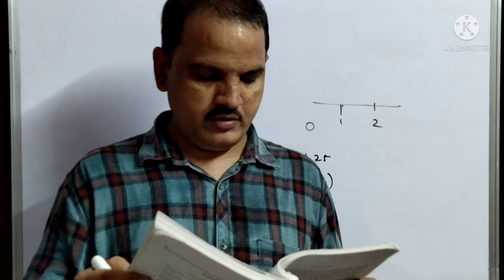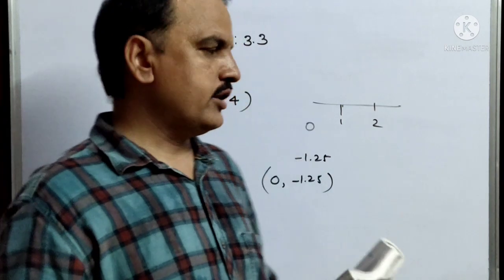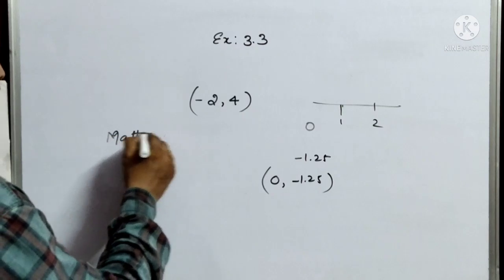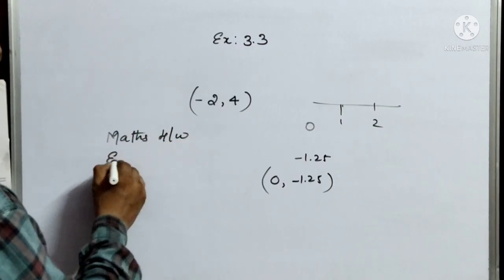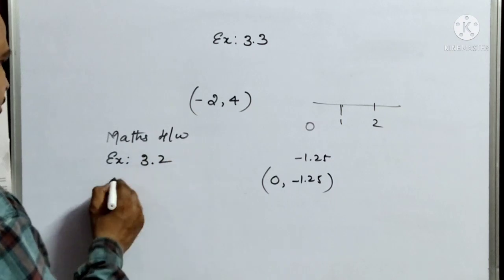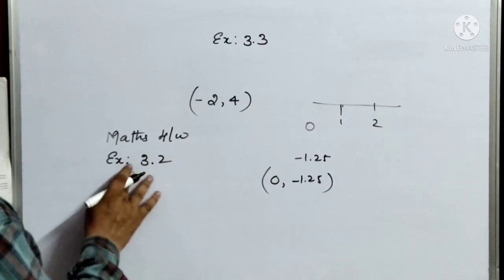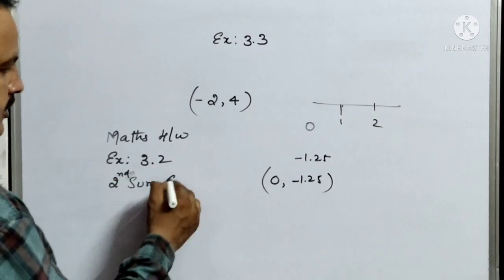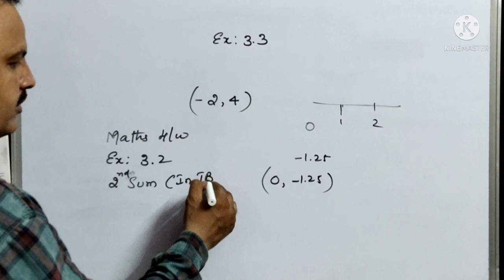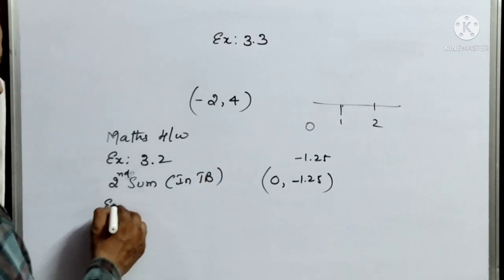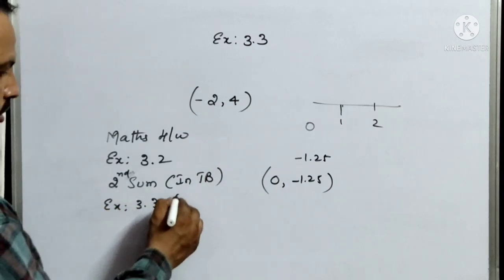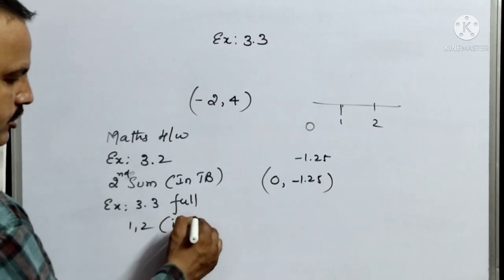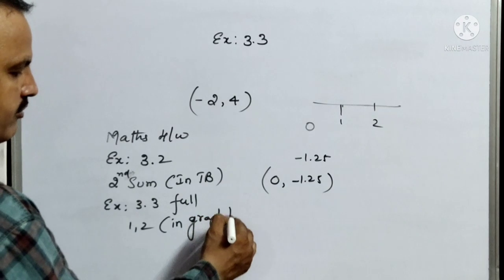So the same question, 3.2 second Roman numeral. So for today's maths homework: exercise 3.2 second sum, that you can write in the textbook only. Second sum in the textbook only. And exercise 3.3, only 2 sums are there, 1 and 2. That is in the graph book.